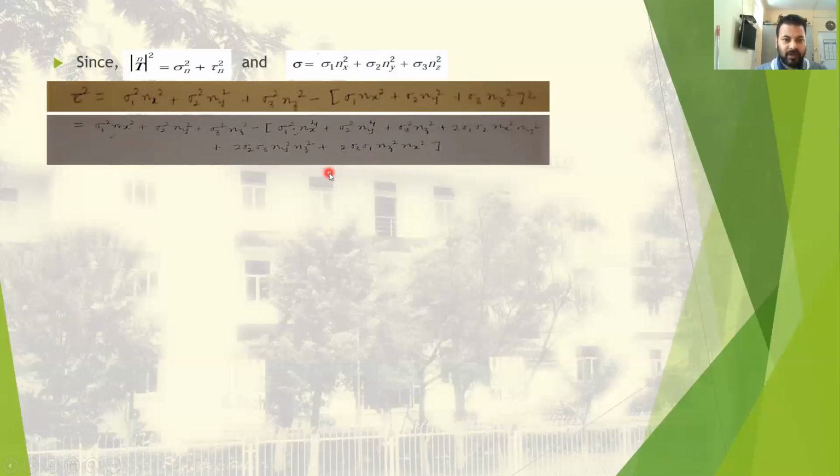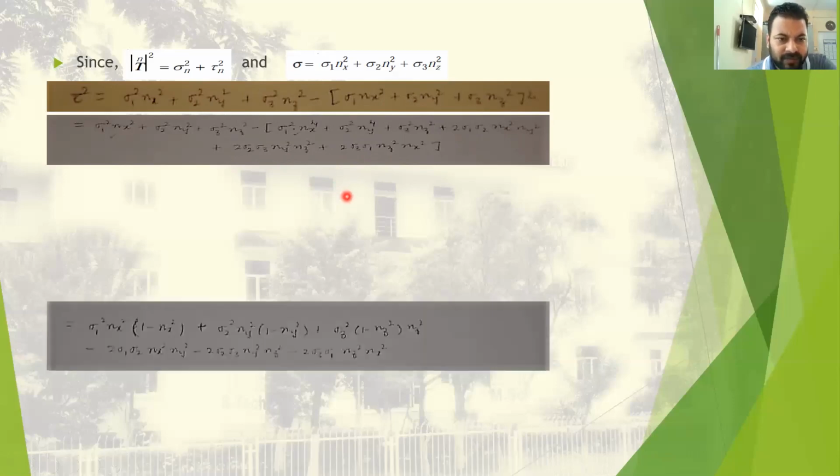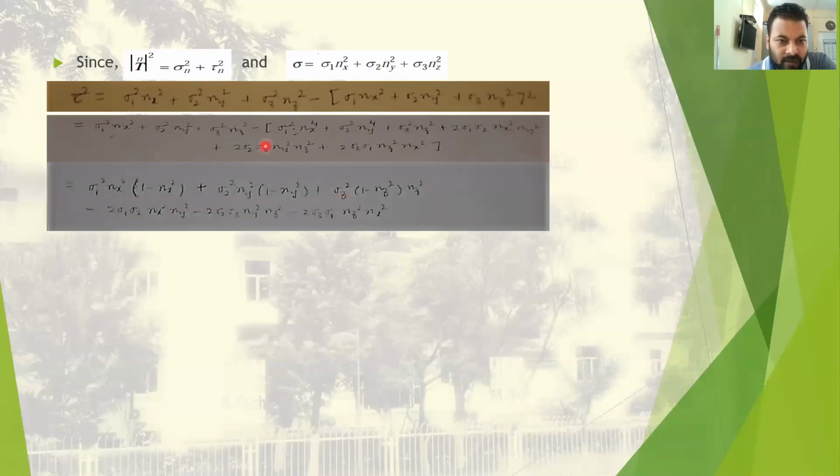Now we will open the bracket and place the common terms at a similar place. So now we have opened this bracket and the minus sign has been multiplied with all the terms inside the bracket. This nx square is taken common with the nx square somewhere else, that is here.